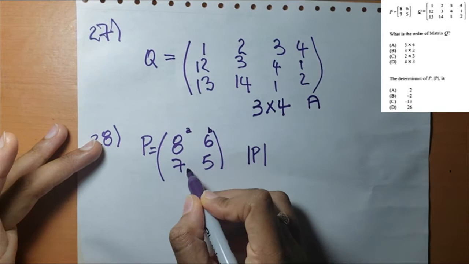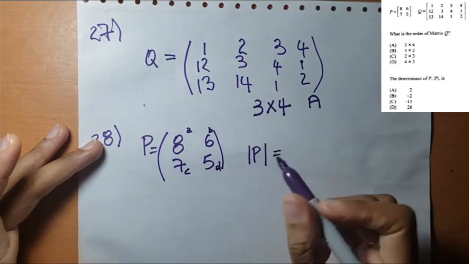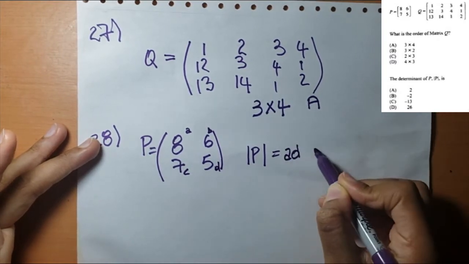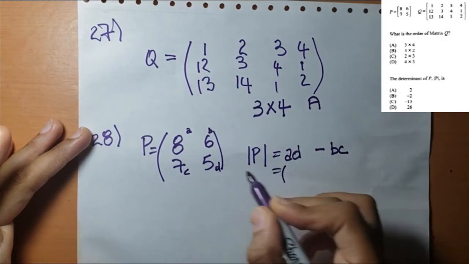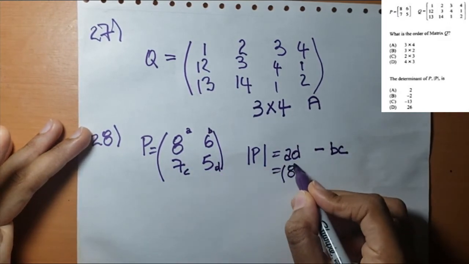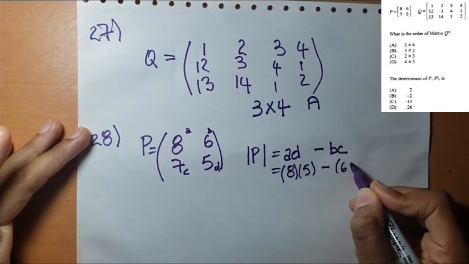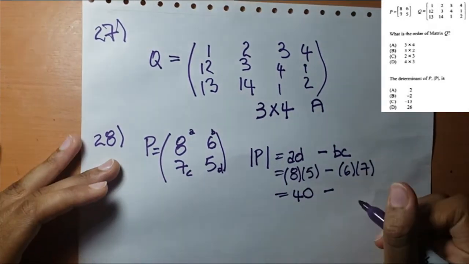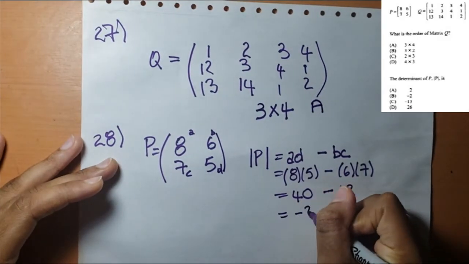B, C, D. So the way we're going to find the determinant is by having AD minus BC. So now AD is 8 times 5. BC is 6 times 7. This is now 40 minus 42. That is a negative 2.